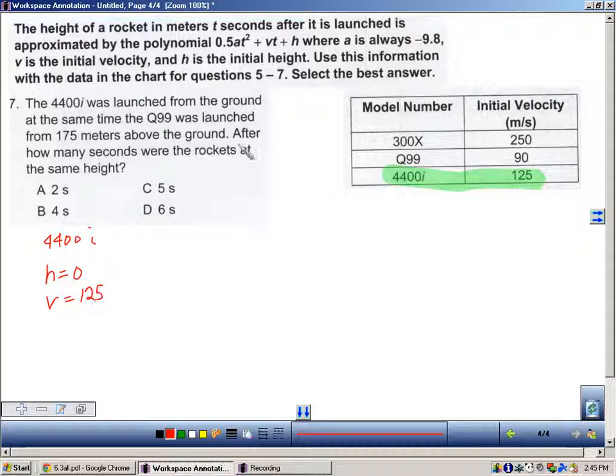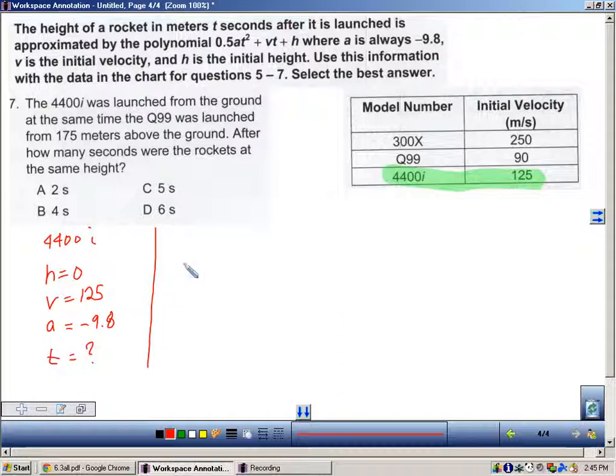And both have an acceleration due to gravity of negative 9.8. And the question that we're trying to find is when do the rockets have the same height after so many seconds? Okay? And so we're trying to evaluate when they have the same height after t seconds. And so we don't know the seconds there.